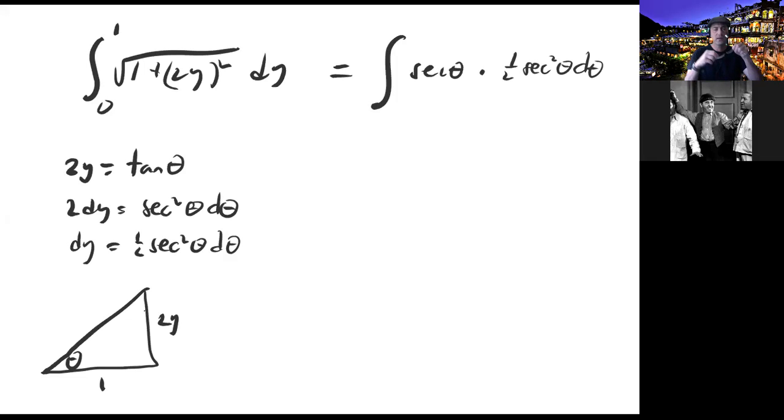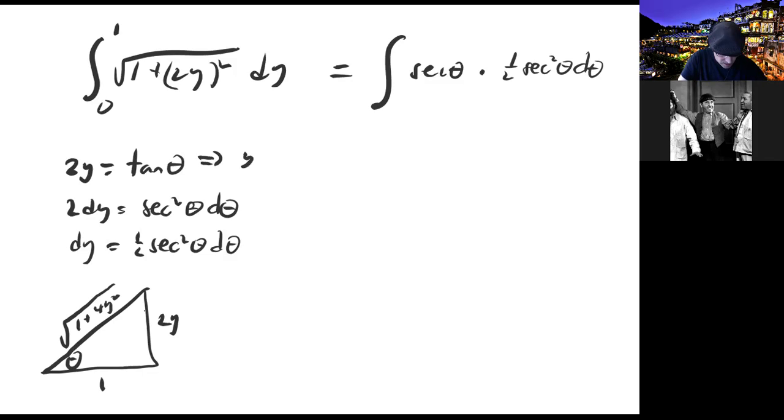Okay, so I had to make a pause there. So the hypotenuse of this right triangle is the square root of 1 plus 4y squared. The limits of integration can be computed as follows. It's going to be tricky though. Let's see.